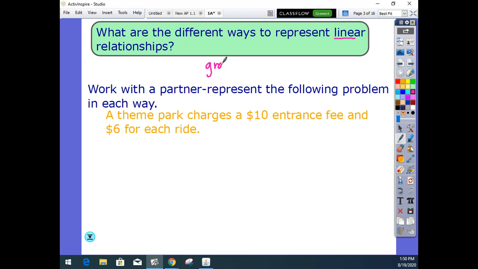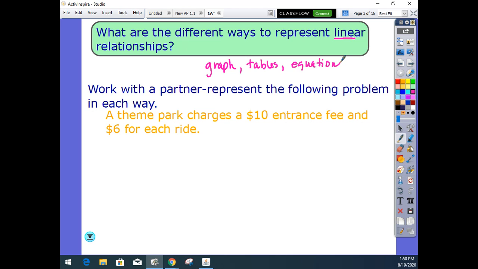You can graph it. And what is the graph formed of? Several coordinate points. What do we do with points? We can create tables, and we can create an equation. Those are all different ways that we can talk about linear relationships.